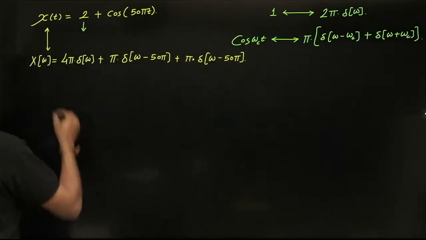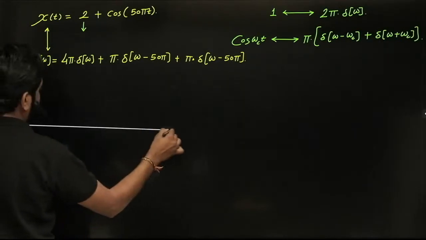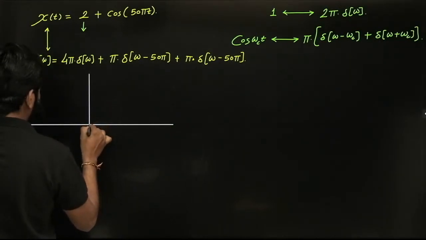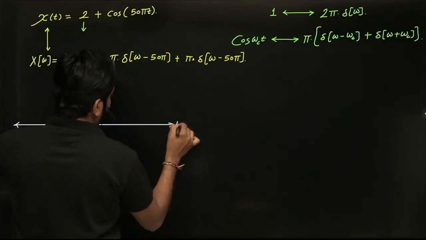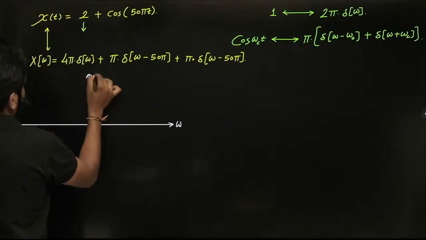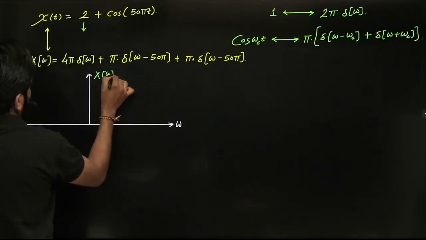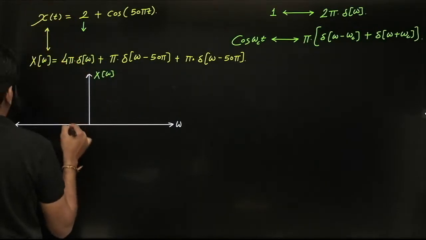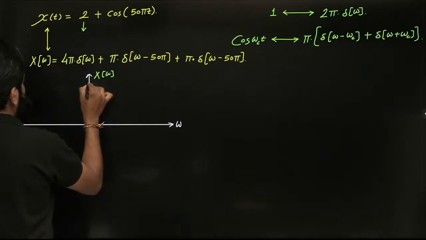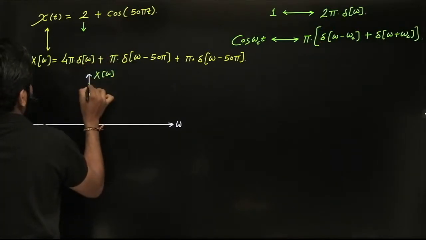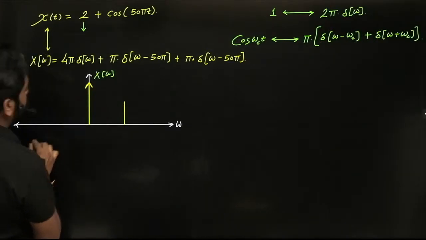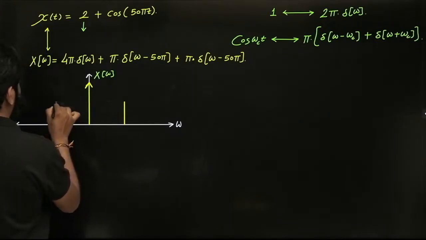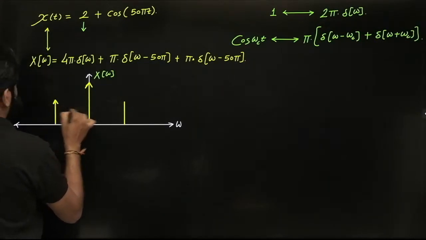So graphically, if we represent this, it will be like this. Here X of omega, the Fourier transform of the input signal. One impulse at the origin with weight 4 pi, one more impulse at 50 pi, one more impulse at minus 50 pi.